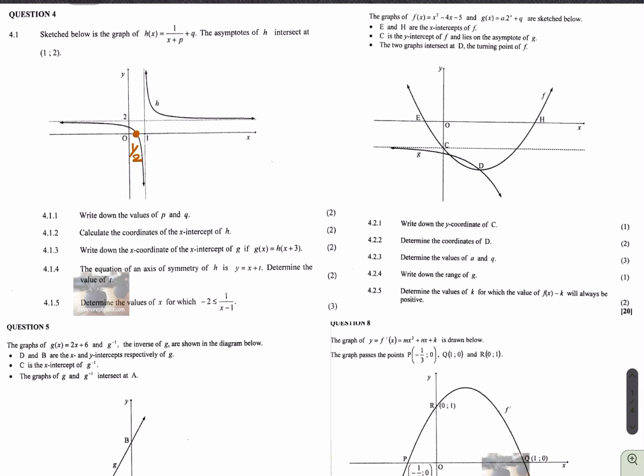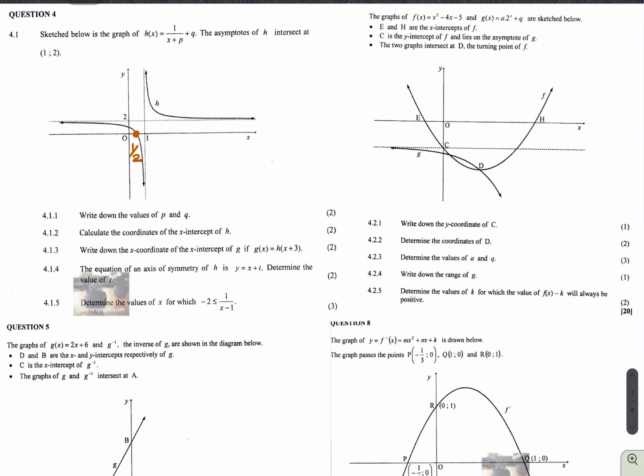If you check nicely, it's going to be positive from this region going that side. So when x is less than or equal to 1 over 2, that's where the graph is 0, and at the same time positive, that means bigger than 0.